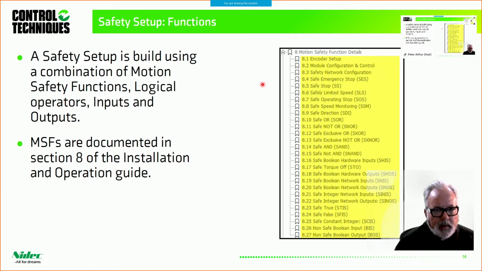The safety application consists of safety functions, logical operators, inputs, and outputs. These functions are documented in section 8 of the installation and operation guide, so that's a very handy resource.